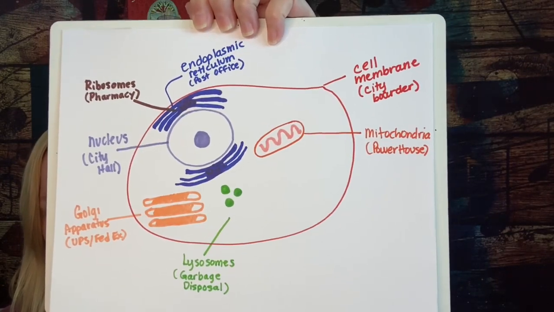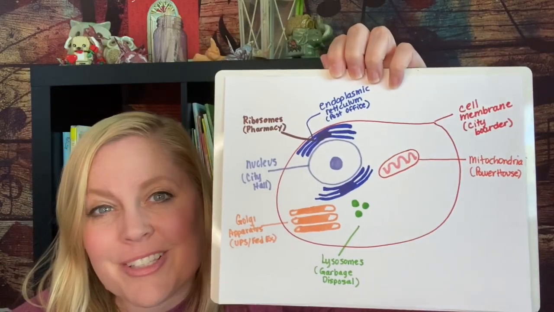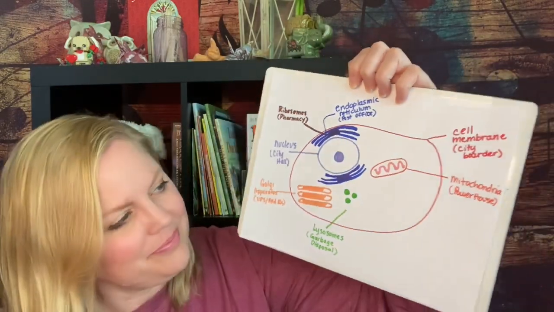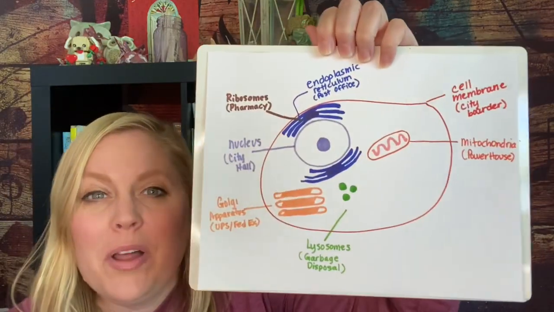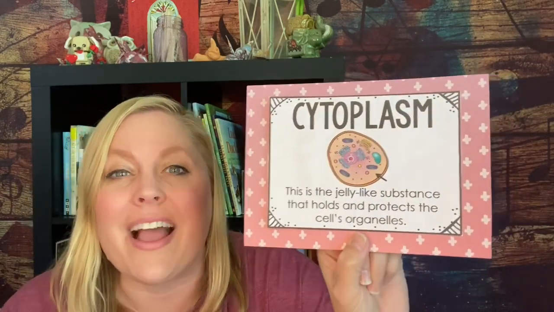Okay, so far our cell is looking really cool. We have one more thing to talk about, the cytoplasm. The cytoplasm is all of the jelly-like substance that's within the cell, and it holds and protects all of the organelles.